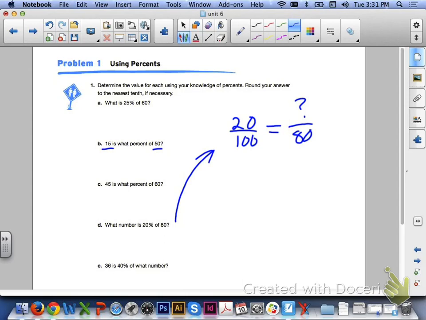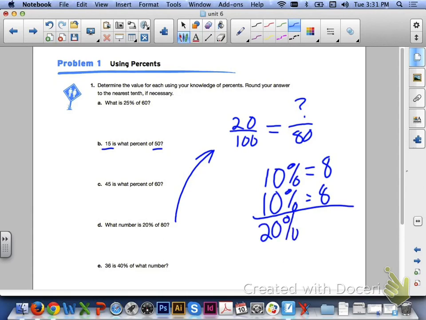But if you use a different method, if you think about what 10% of 80 is, I know 10% of 80 is 8. And 20 has two 10s in it. So I'm going to have 2 8s, and 20% is going to equal 16.